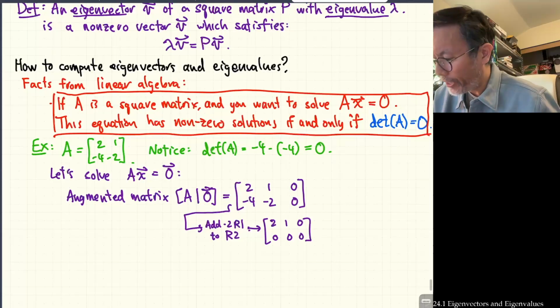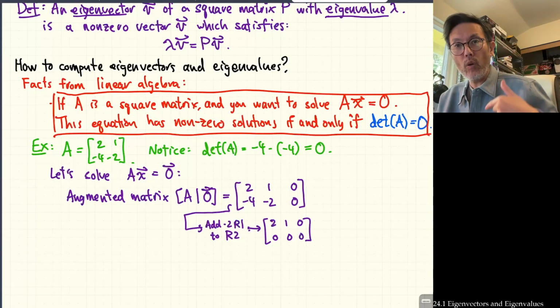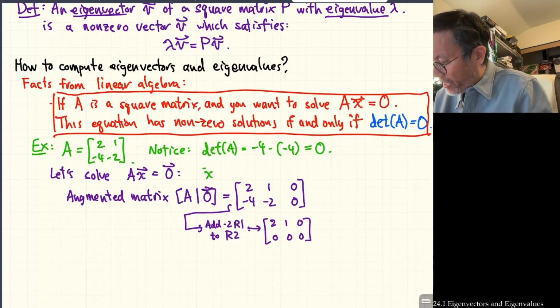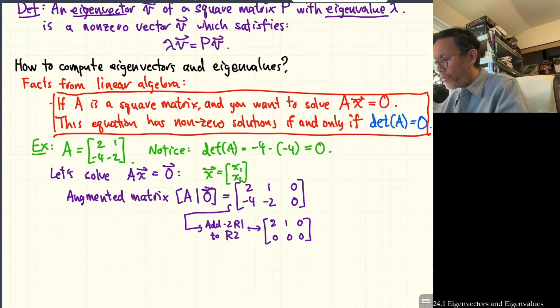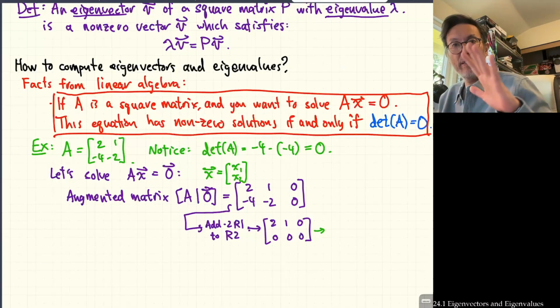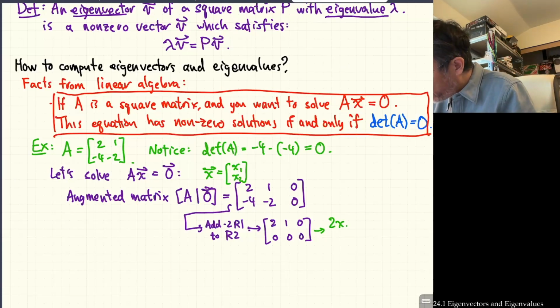If I call the entries of x, x1 and x2, then this augmented matrix is representing the linear system 2x1 plus 1x2, so just x2, equals 0.